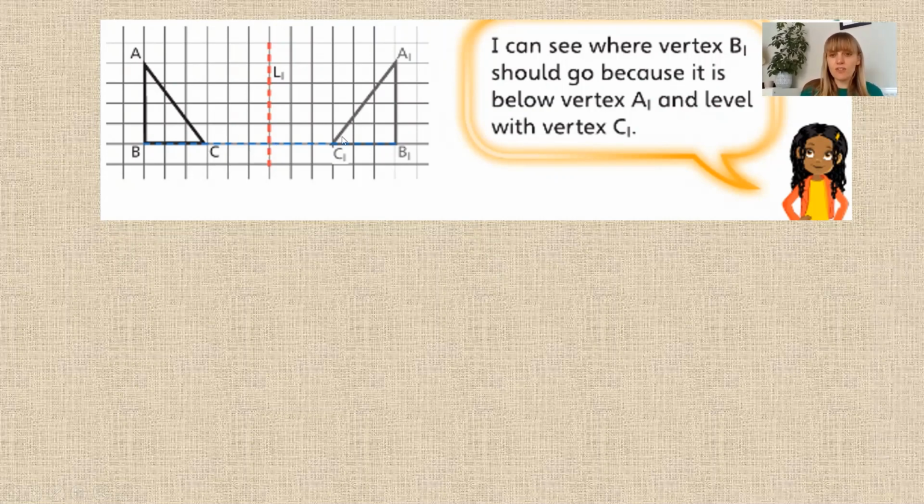And so to do vertex B1 on the other side, we've got to count 6 squares away from that mirror line. And it's vertically below A as well. And then you can join those lines together to draw your shape. And that shows where the new shape goes if it's reflected in line 1.